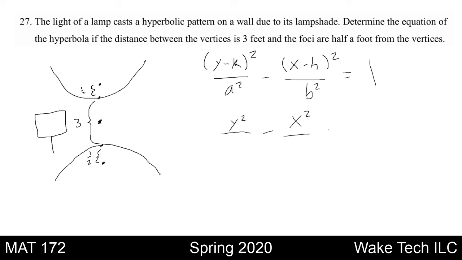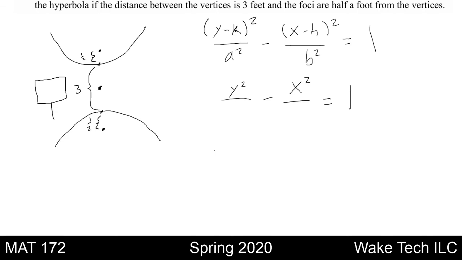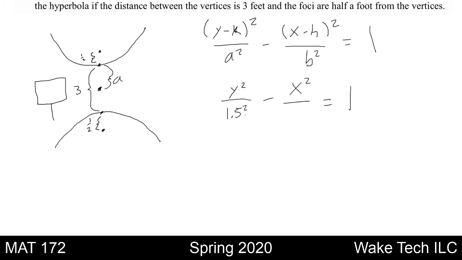Now I want to find my a and my b before I finish filling out this equation. And we know some properties. We know that this measurement right here is a, which as you can see is just half of 3, so it's 1.5. So this is 1.5 squared right here.